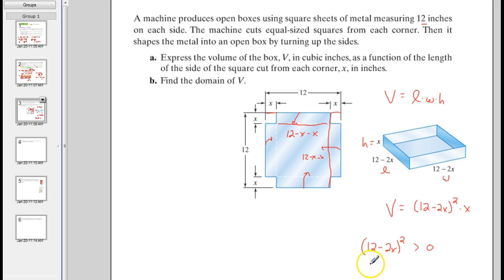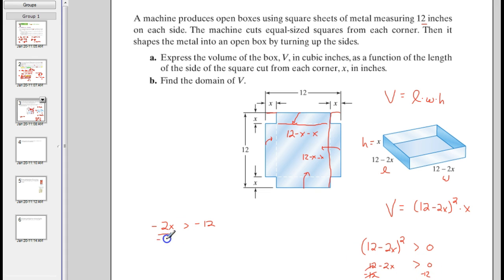Take the square root of both sides, you just get 12 minus 2x is greater than 0. And then if you subtract 12 from both sides, you end up with minus 2x is greater than negative 12. I'm left with minus 2x on the left, greater than negative 12 on the right.